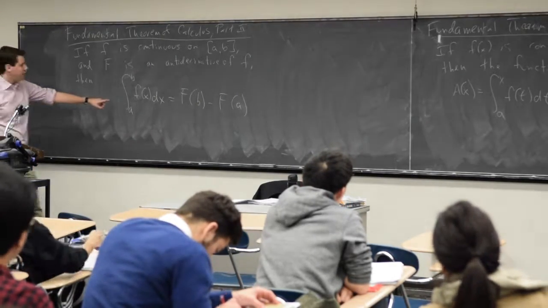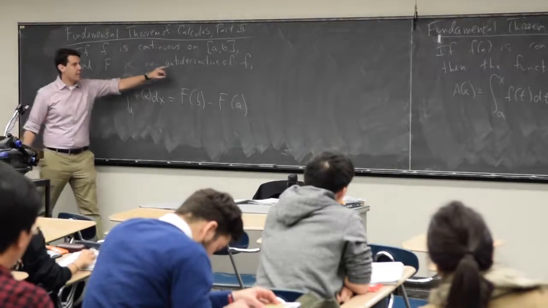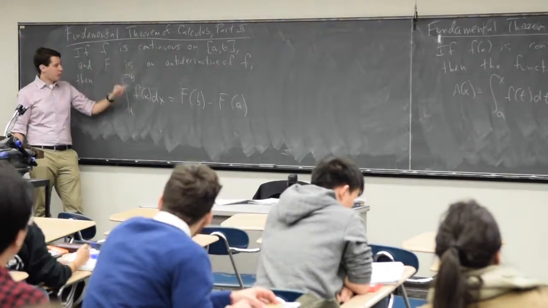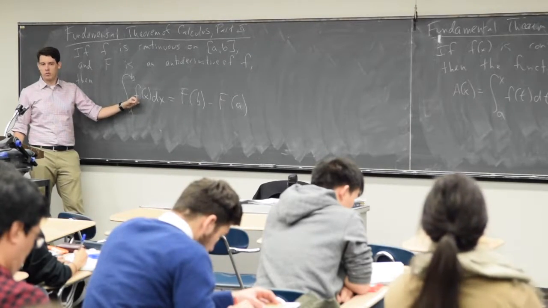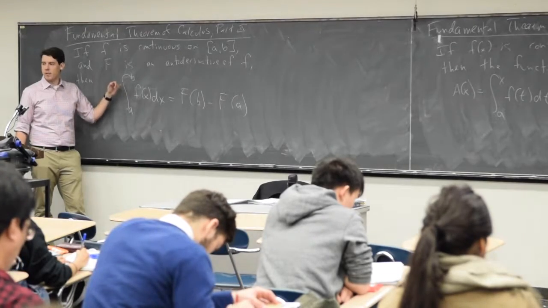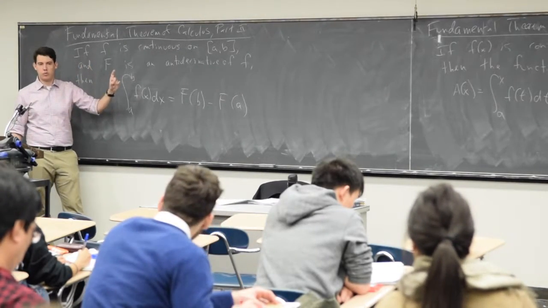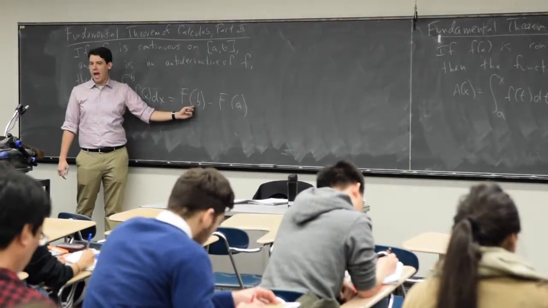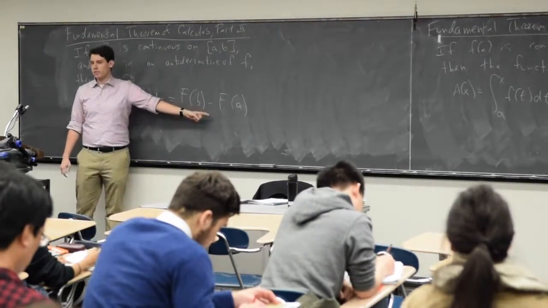So if we have an antiderivative of little f, we want to evaluate the definite integral of little f from a to b, all we need to do is plug in the antiderivative at the endpoints and subtract.